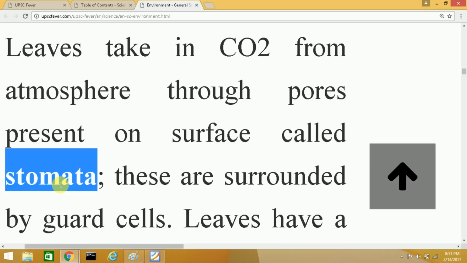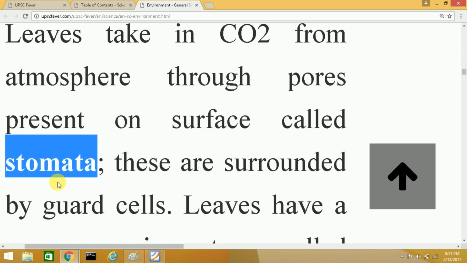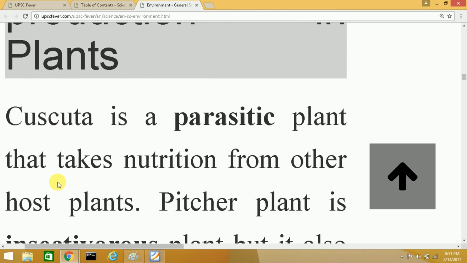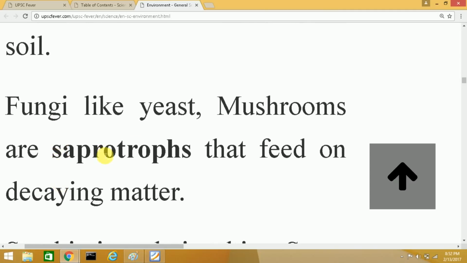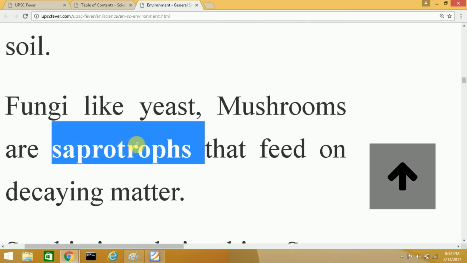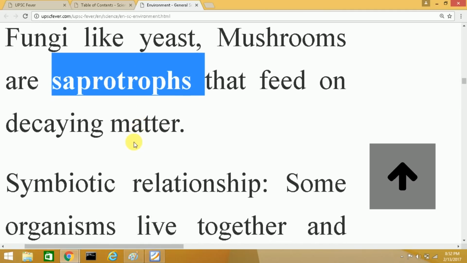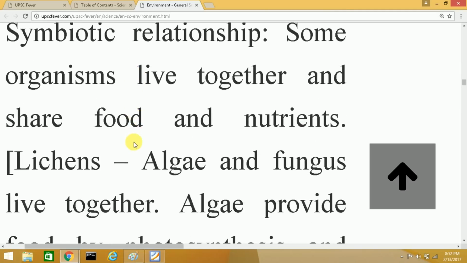Fungi like yeast and mushrooms, these are known as saprotrophs. So you can note down that they feed mostly on decaying matter. There is also a very complex organism known as lichen, and lichen is actually algae and fungus living together.